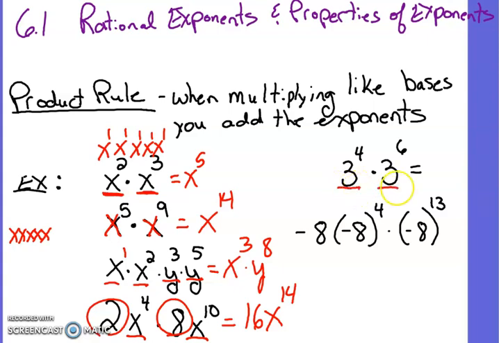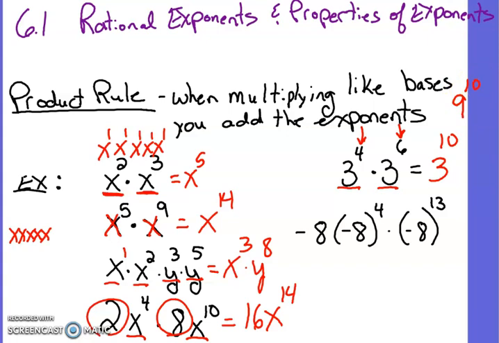I have the base of 3, and the base does not change. So the base is 3, and I have 4 of them and 6 of them. That means I have 10 of them. Now let me point out a common mistake. Students will see 3 times 3 and write 9 to the 10th power.